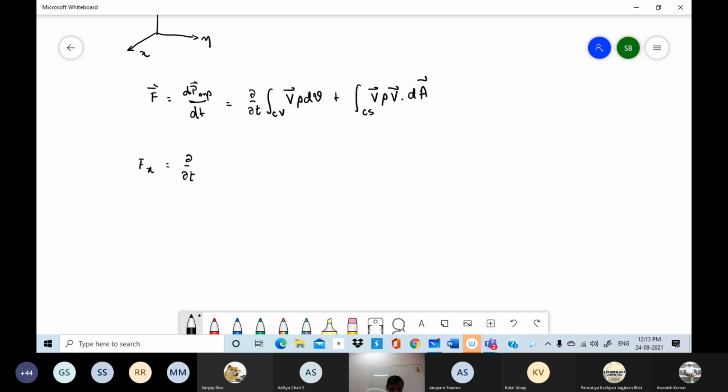Now this integral is a vector quantity, so the x component of that would be this. Here I have a V dot dA. V dot dA is a scalar quantity, so the x component of this would be the x component of the velocity V, that is Vx, times this.